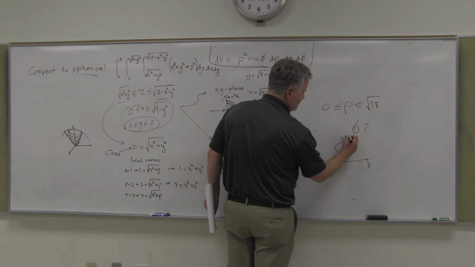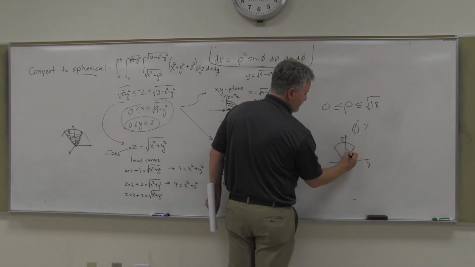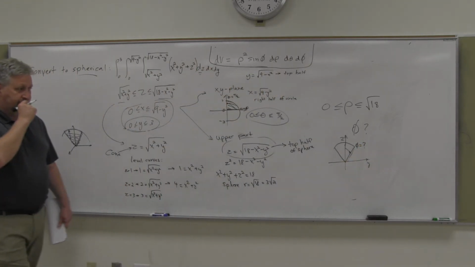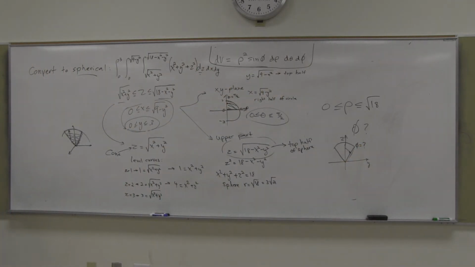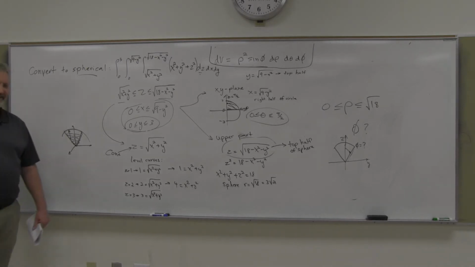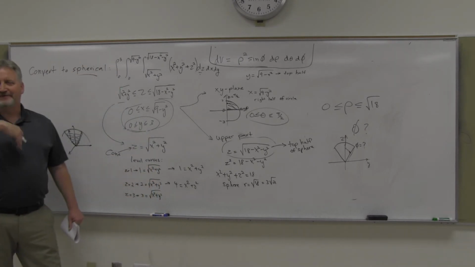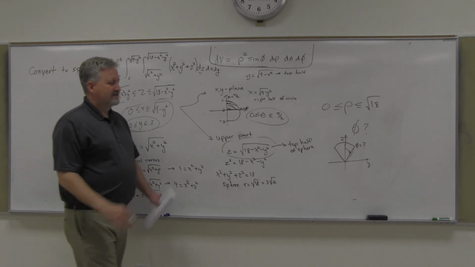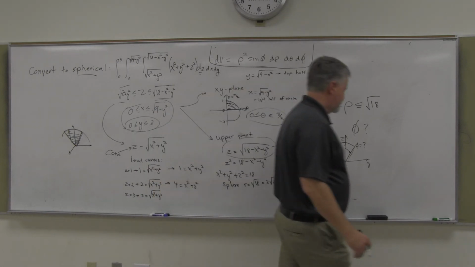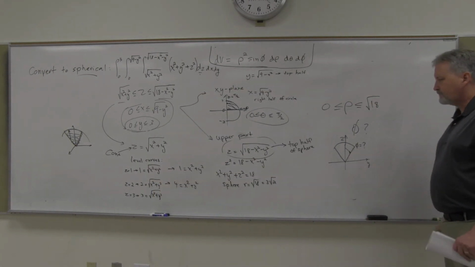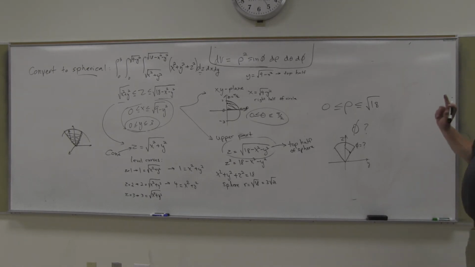Well, it looks like phi is going to go from 0 to whatever angle that is, which is not a nice one like we've always had so far. Usually we've had 0 to pi over 2 or so, so this is a good one for that purpose, just to show us how we can get at it.